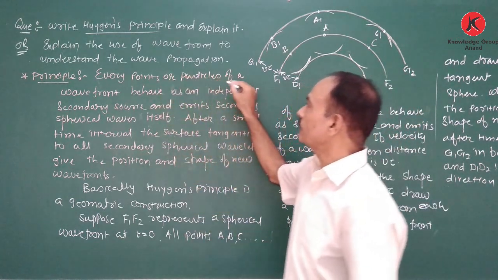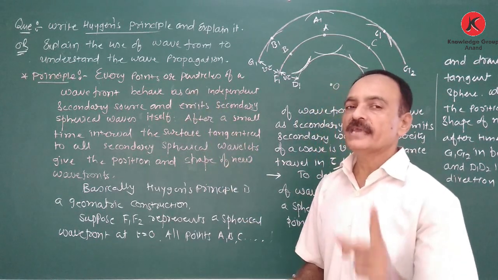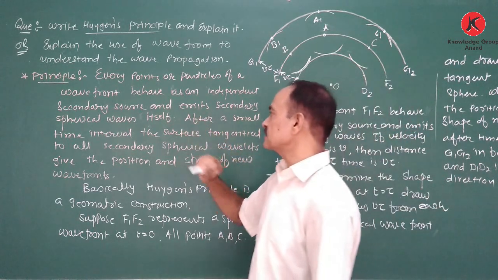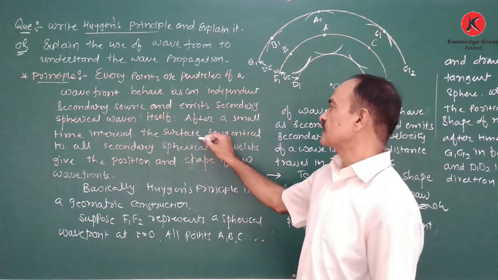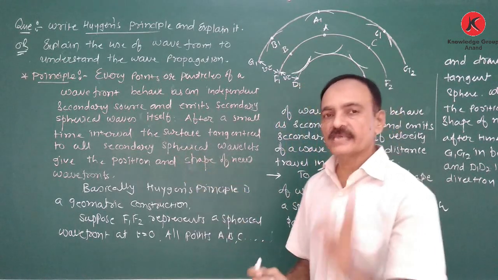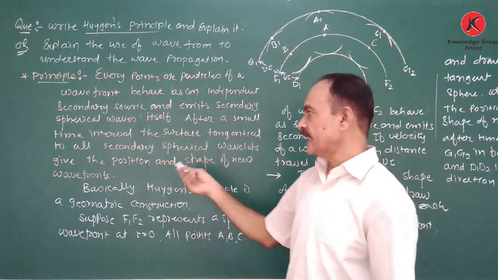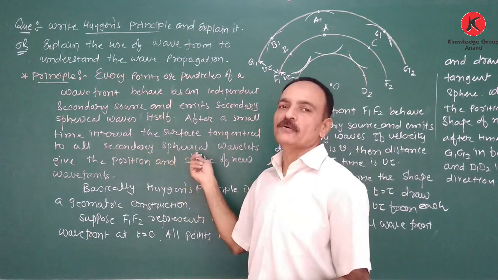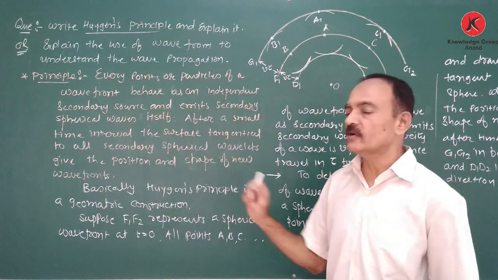Again, every point or particle of a wavefront behaves as a secondary source and emits secondary spherical waves itself. After a small time interval, the surface tangential to all secondary spherical waves gives the position and shape of a new wavefront.